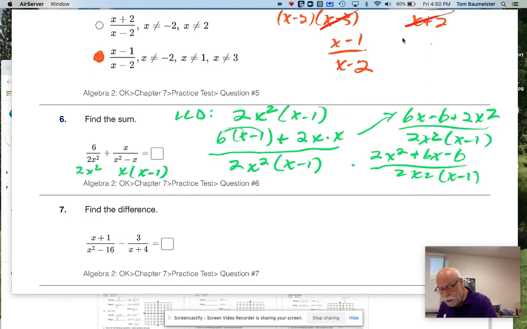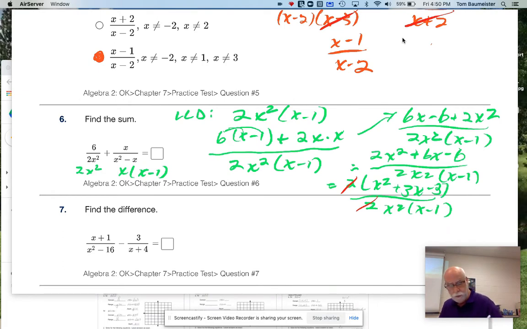So again, to simplify that, I can factor out a 2 on the top. That'll give me x squared plus 3x minus 3. All of that over 2 times x squared times x minus 1. Now, 2's cancel there.